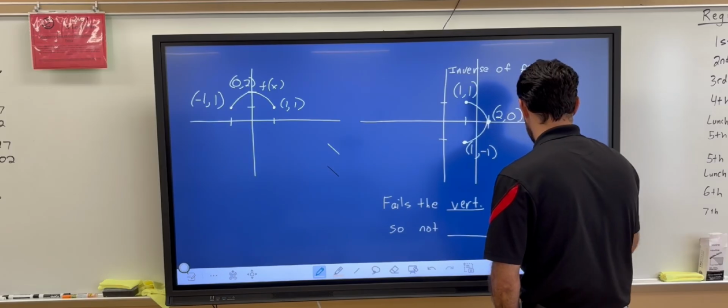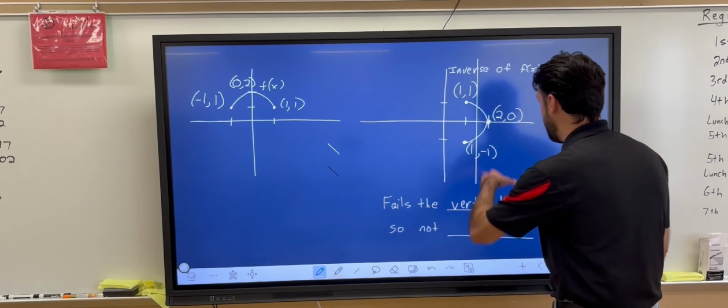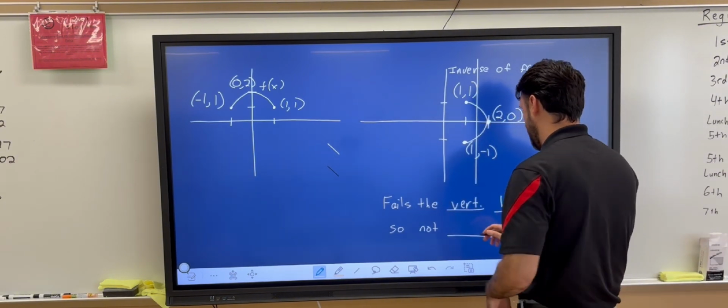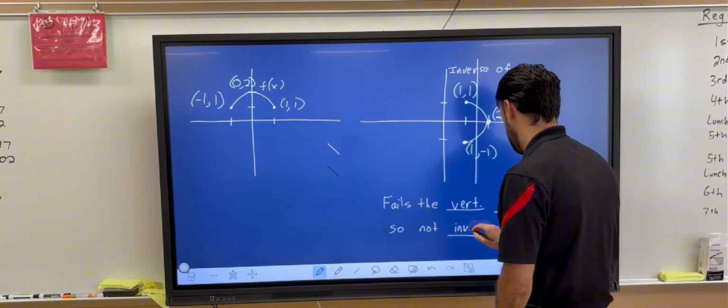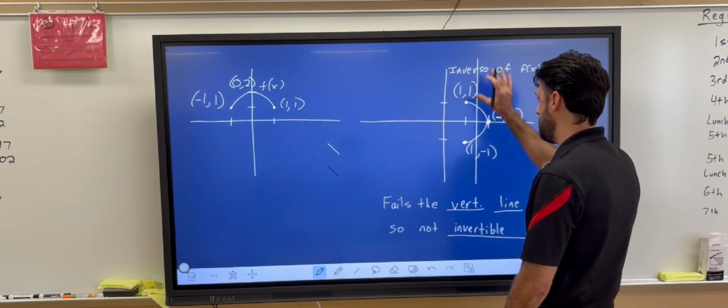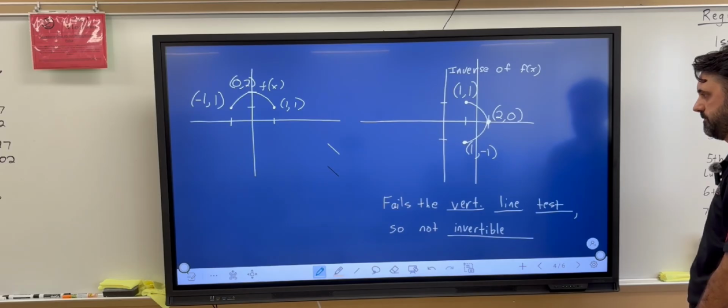And so we're going to say that this fails the vertical line test. When the inverse fails the vertical line test, we say that the function is not invertible. And all that means is that the inverse won't actually be a function because it fails the vertical line test.